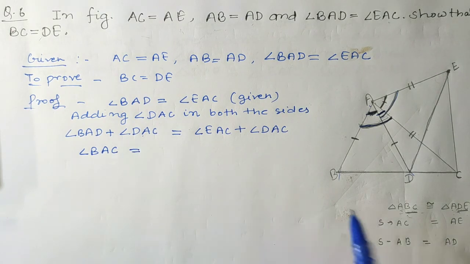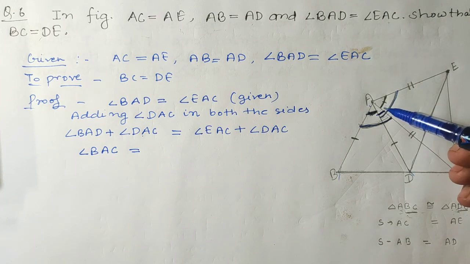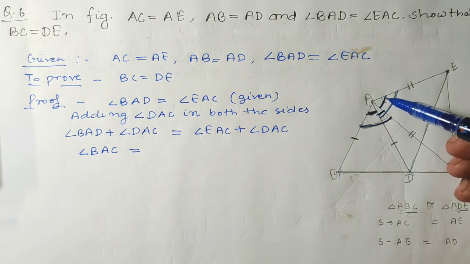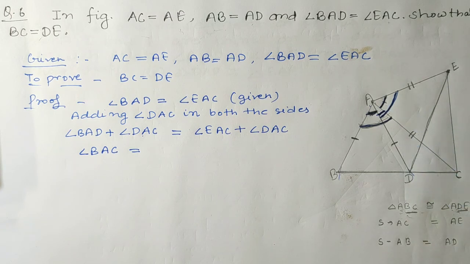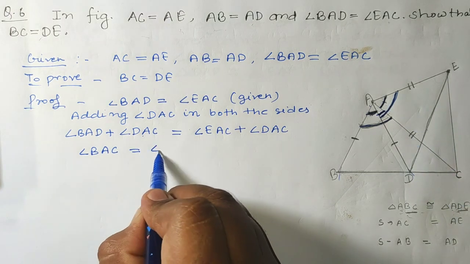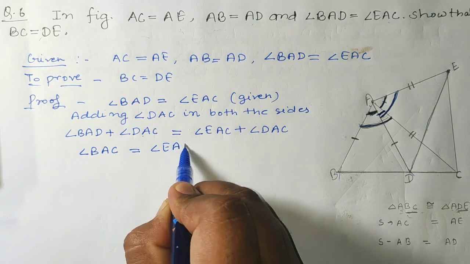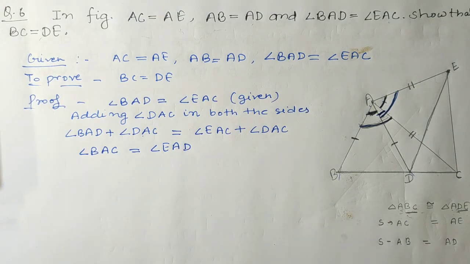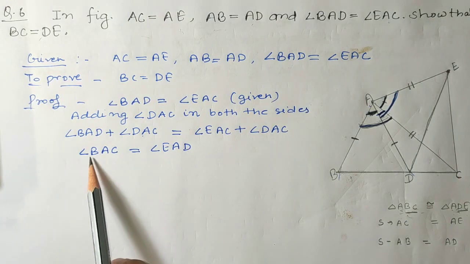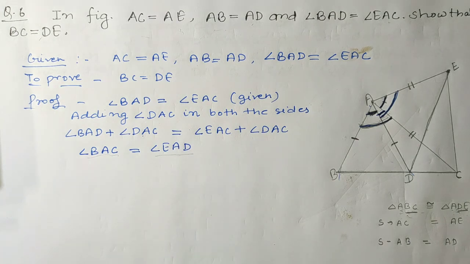And on the right hand side, if we add this part to this part, it will become the whole angle, that is angle EAD.